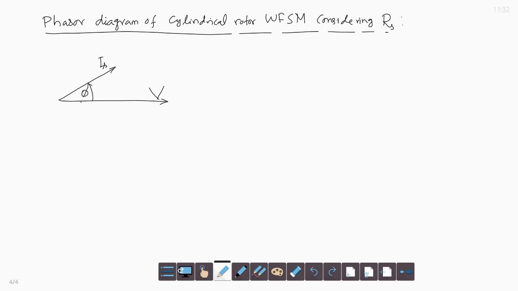So, with that Is, V minus stator resistance drop Is Rs, then minus armature synchronous reactance drop, minus j Xs into Is, is the induced EMF E, the excitation EMF E, and this is the angle delta between V and E.